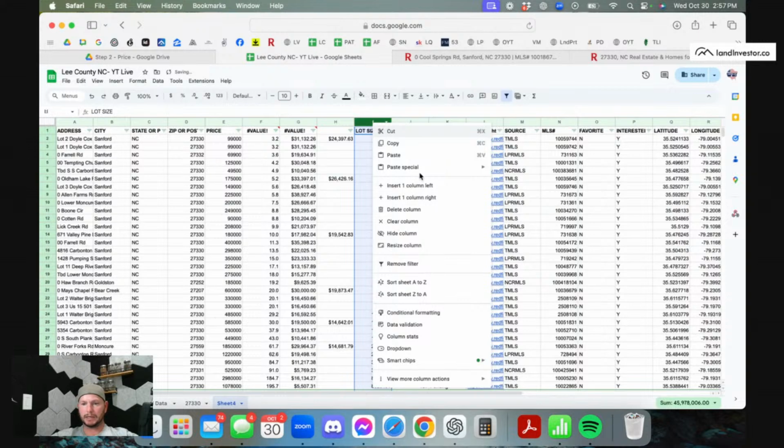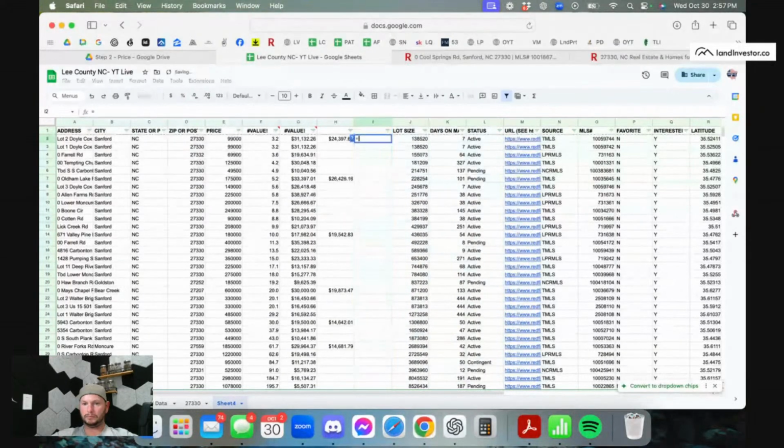When I'm using this data, sometimes I'll take like 80% of it, so 0.8. All I'm doing is taking 80% of this data because this stuff hasn't sold yet, so I'm not going to trust it.